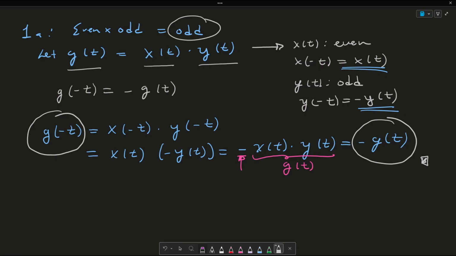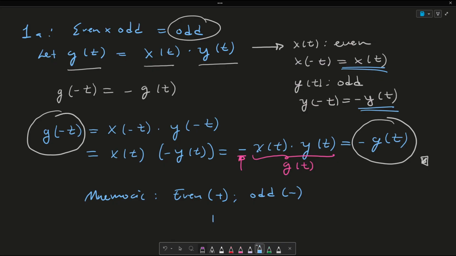To be more formal, we can say that an arbitrary period real function that is even, times an arbitrary period real function that is odd, is equal to an arbitrary period real function that is odd. As a mnemonic to memorize this, an even is a plus, and an odd is a minus.